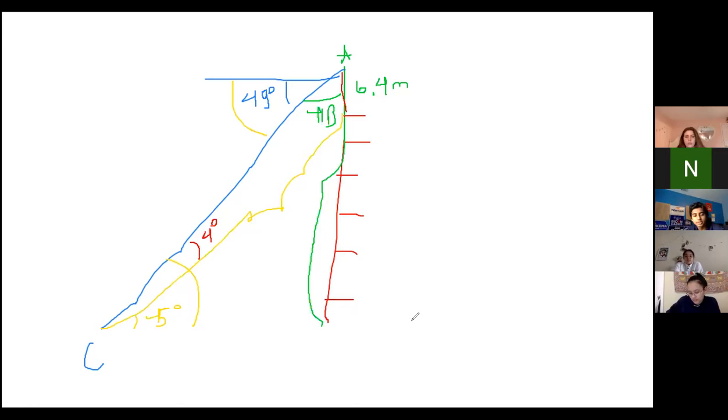So 6.4 over sine 4 is equal to BC over sine of 41. Yes. I'm just going to write it down.